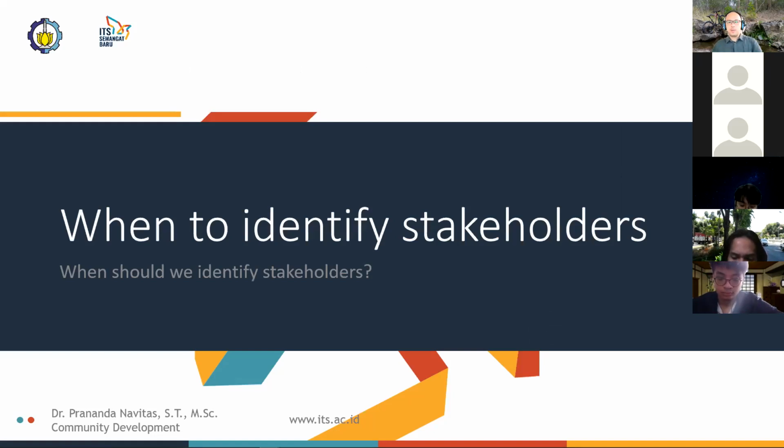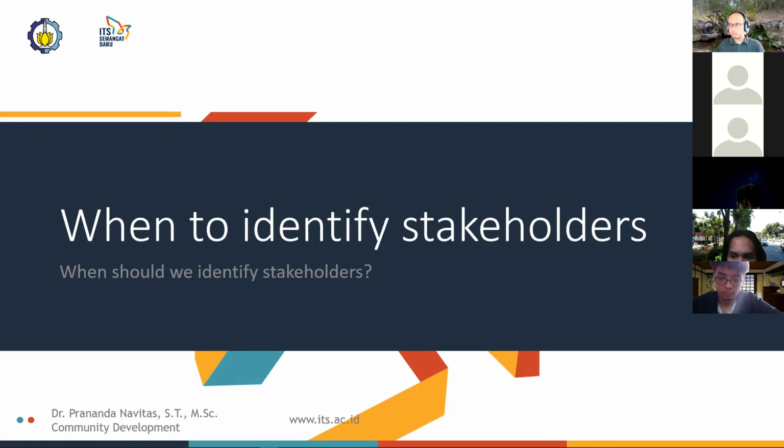Now, regardless of the purpose of your effort, identifying stakeholders and their interests should be among the first, if not the very first item in your agenda.